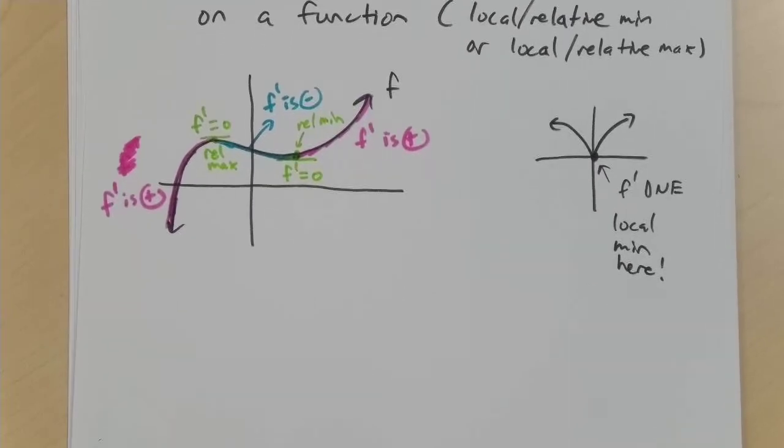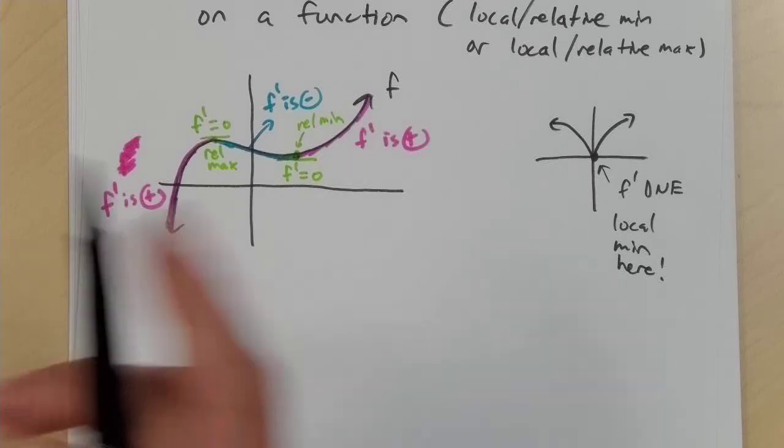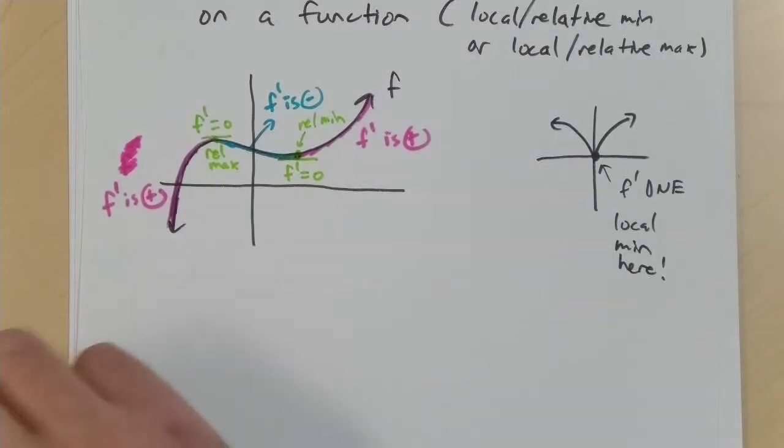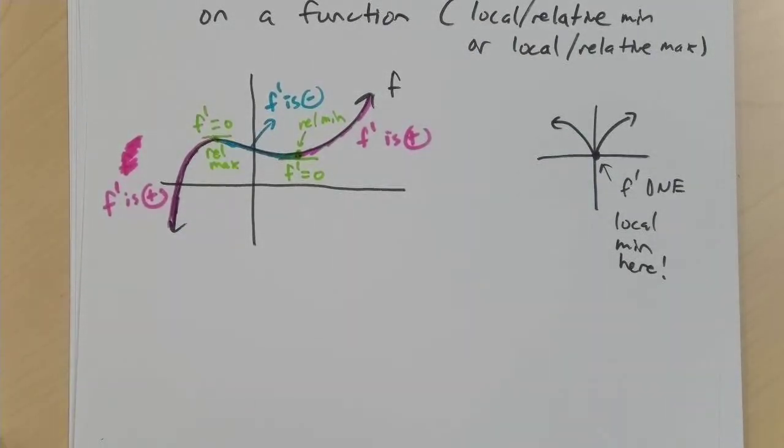So let's recap what you need to know. The pictures kind of explain why this is the test, but here's the test itself and how it's going to work. So the summary, let's use green.